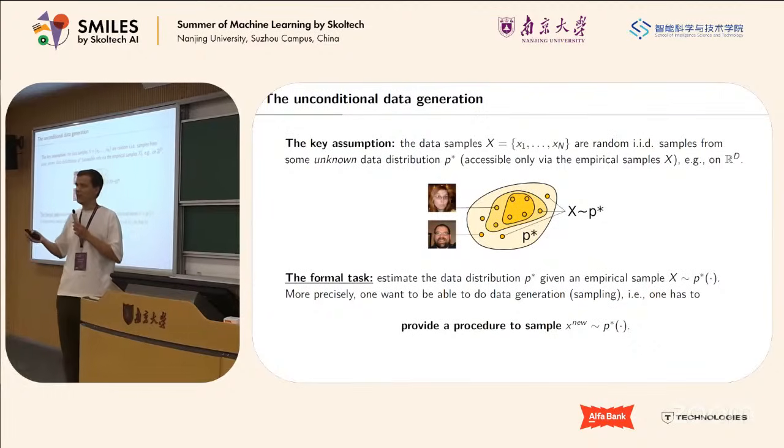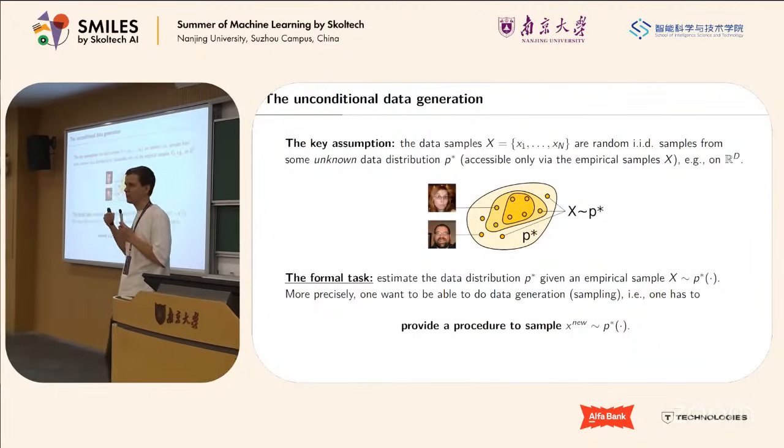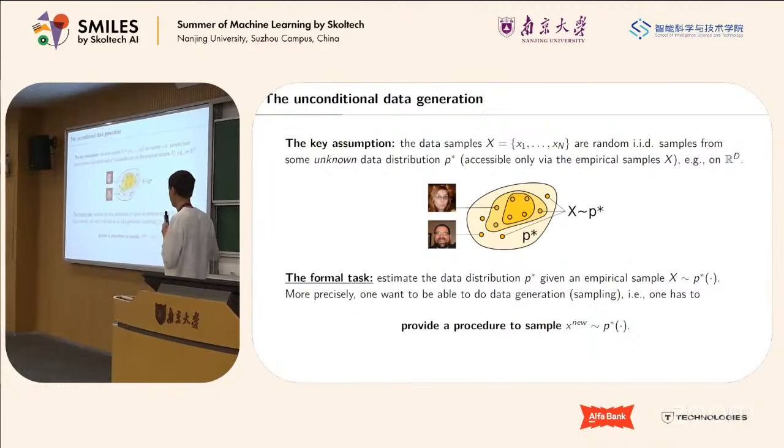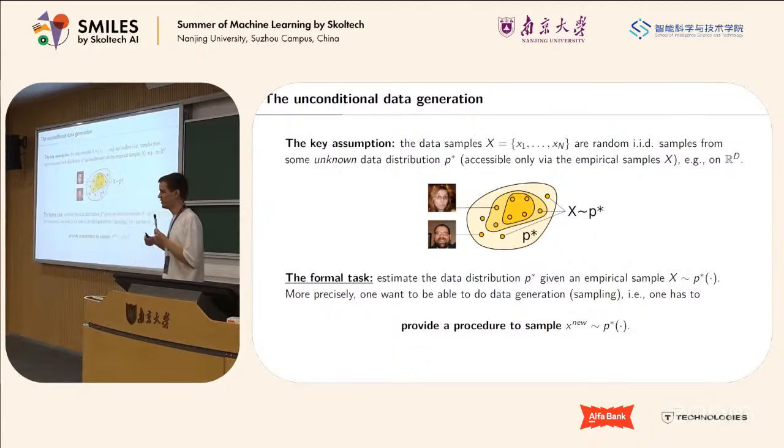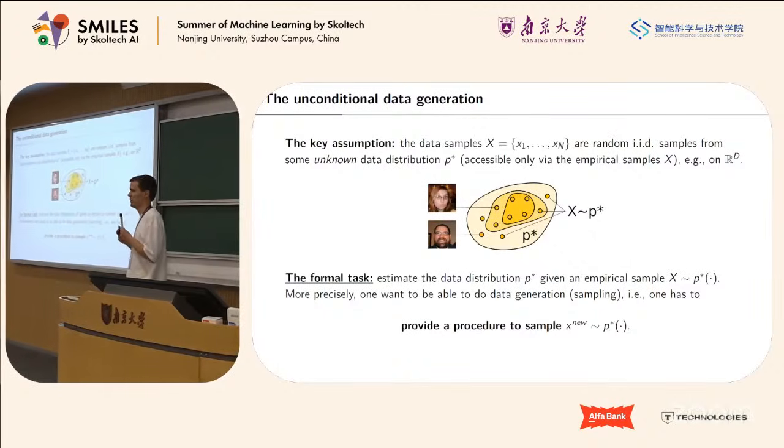It comes from a known probability distribution of data, P star. In practice we observe an empirical data set sampled independently from this unknown data distribution. And the goal is to build a model based on these available training samples which will be capable of generating new data from this unknown probability distribution.